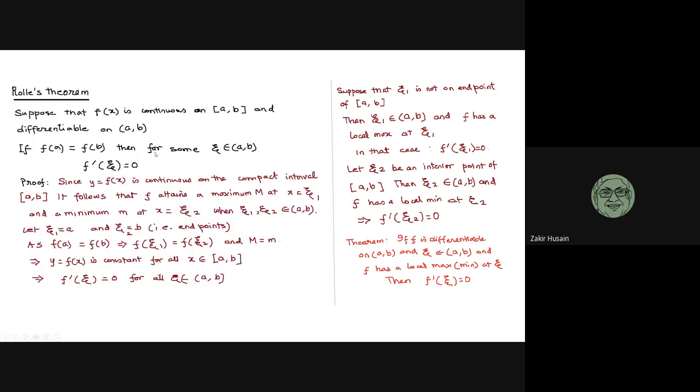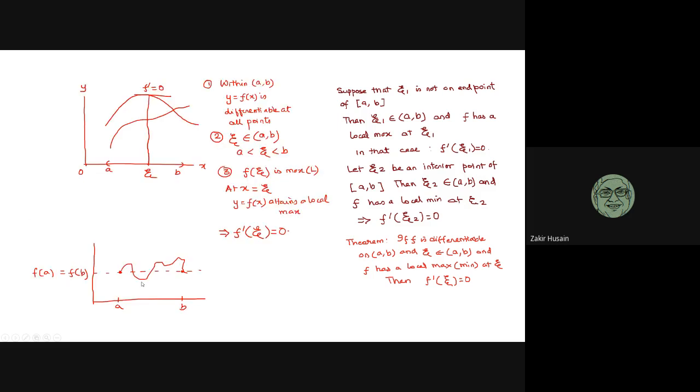Okay. So then if we take some point in between, suppose this is psi, at some point f prime will be equal to 0. That is, the function will either reach a maximum or a minimum.